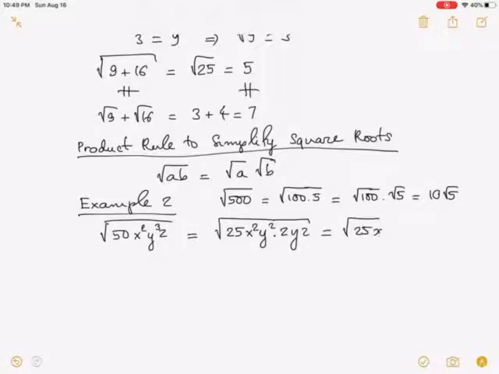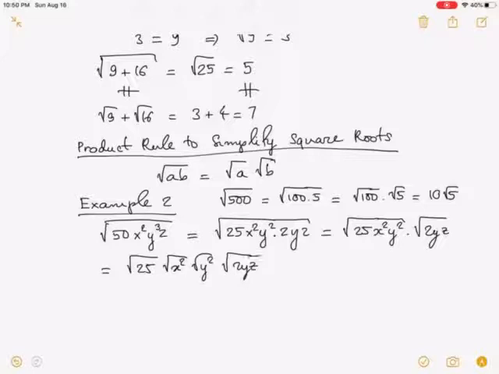So we break it into the square root of 25 x squared y squared times the square root of 2yz, and it is the square root of 25 times the square root of x squared times the square root of y squared. So this is 5xy square root of 2yz.